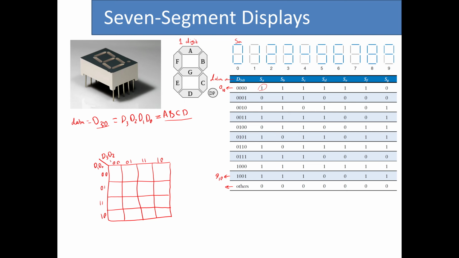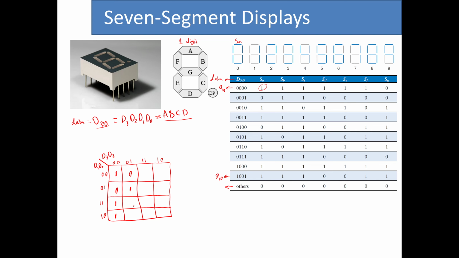So for 0000, it is 1. For 0001, it is 0. For 0010, it is 1. For 0011, it is 1. For 0100, it is 0. For 0101, it is 1.